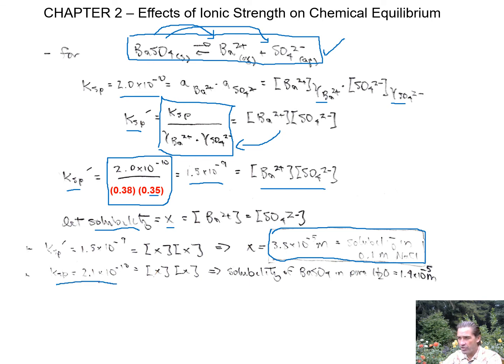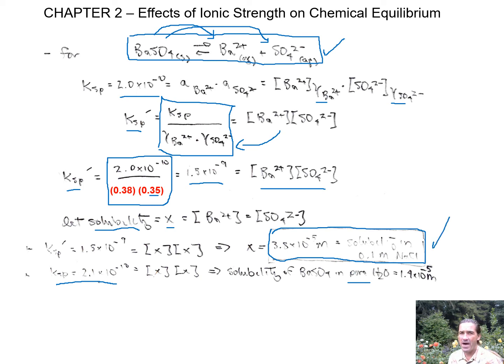Now, if I was to use the original K values, so essentially calculating the solubility of barium sulfate in pure water, what I find is, again, it's much less soluble than when we have the salts.